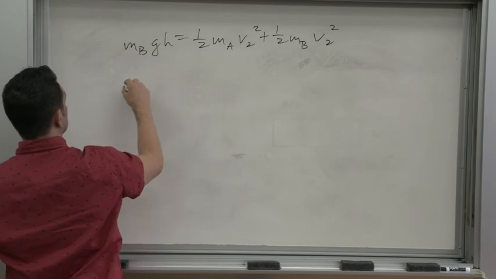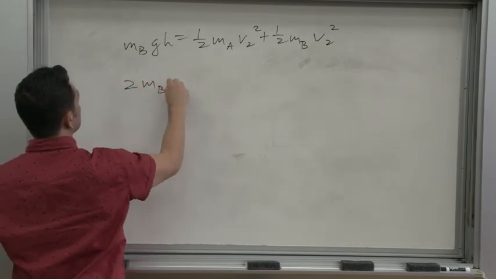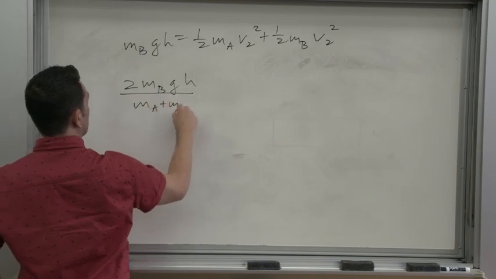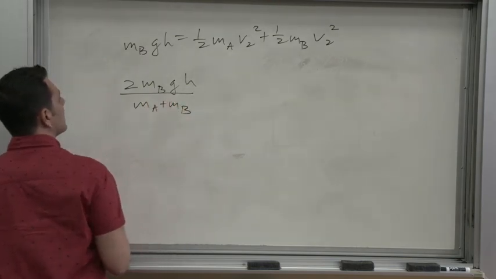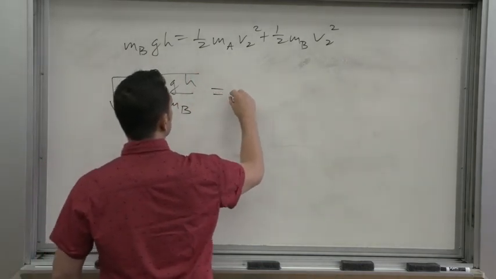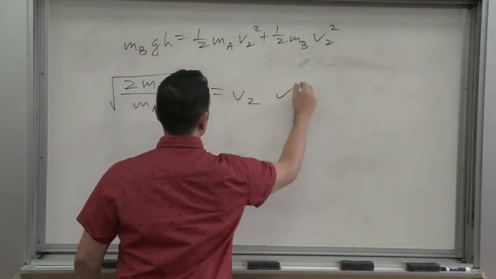So this becomes the square root of 2 MB G H over MA plus MB is equal to V2. And there's my answer.